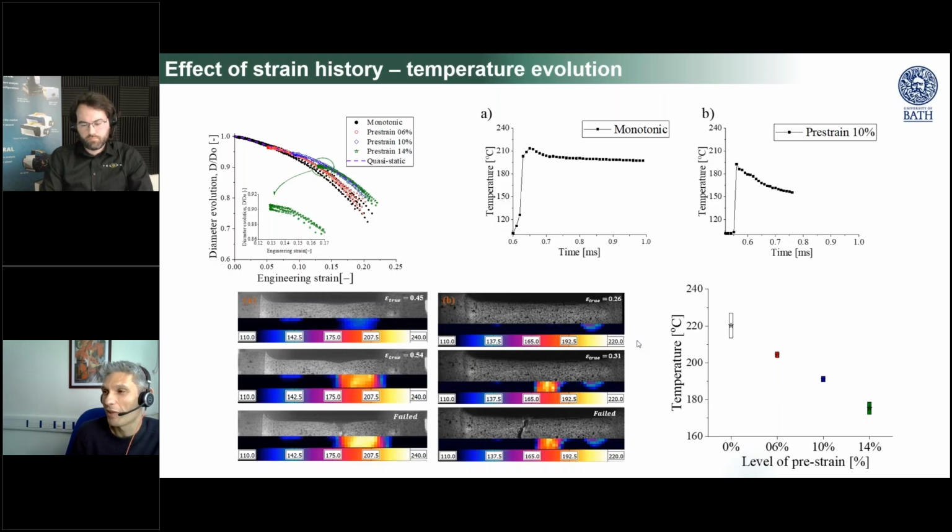When we have a pre-deformed sample, the amount of plastic energy that has to be dissipated is smaller, so the increase of temperature is also smaller. Here in this high-speed photo, you can see a parallel between what we measure with the conventional high-speed camera and with the infrared Telops M3K camera, with an increase of temperature for pristine samples in the region of 210 degrees Celsius.